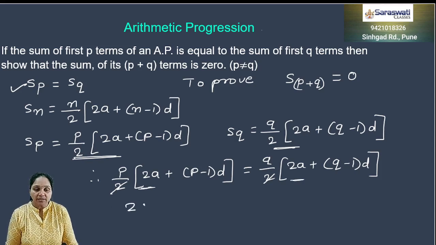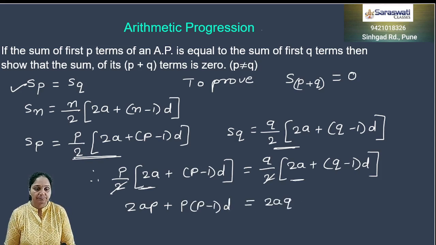So we get 2ap plus p into bracket p minus 1 into d is equal to 2aq plus q into bracket q minus 1 into d.